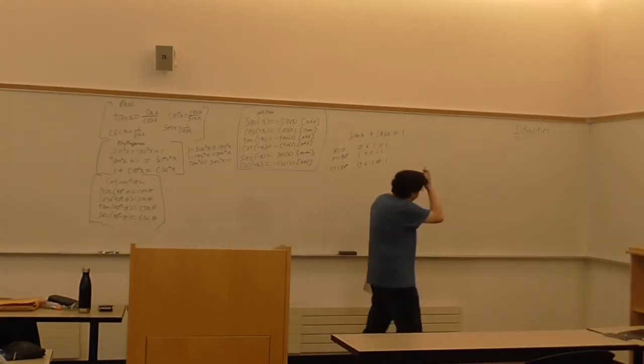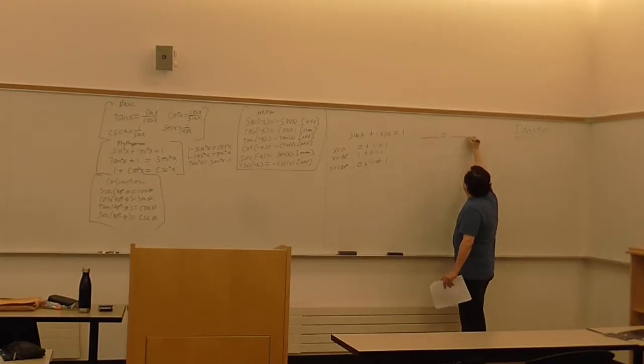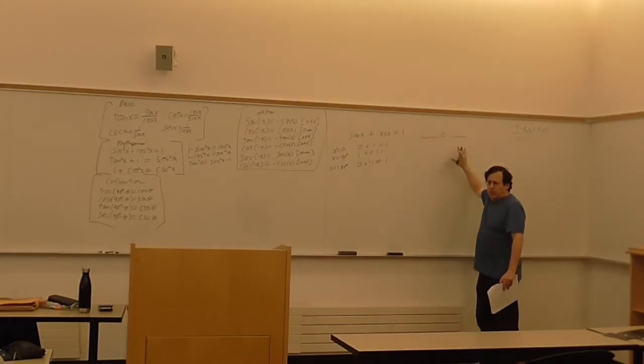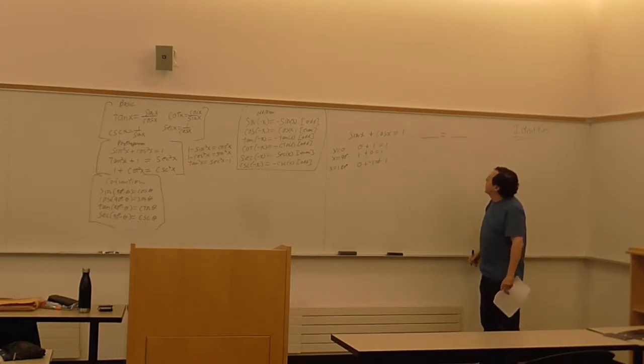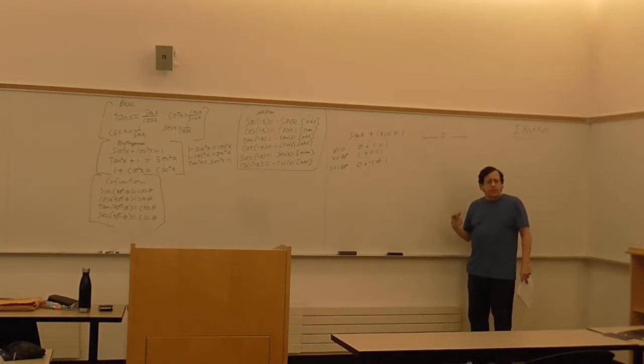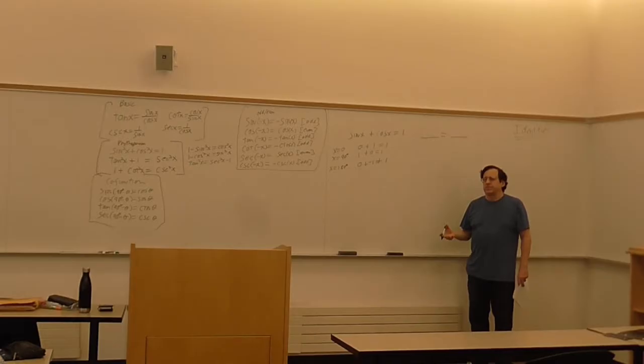Another thing you want to watch out for, you'll notice that when I have an identity, I typically work on one side or the other. But I haven't been just performing some operation on both sides. That operation might be valid, but it would require that it's a reversible operation.